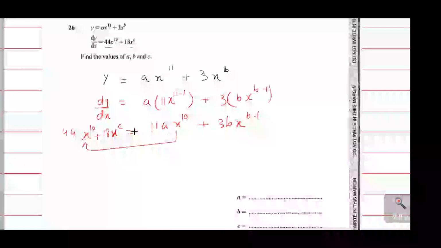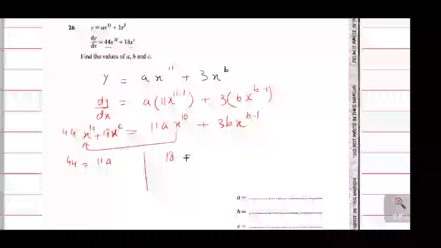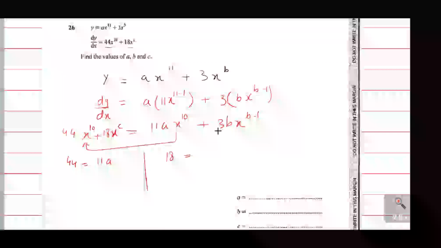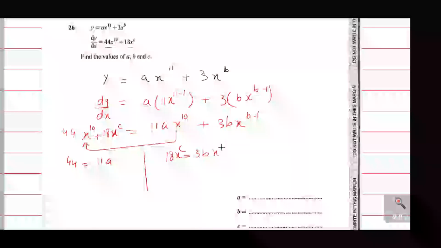Look here, the x^10 coefficient on the left side is 44, and on the right side is 11a. Next, we will compare the next value. Look here, the x^c coefficient is 18. We can write 18x^c equal to 3b x^(b minus 1).